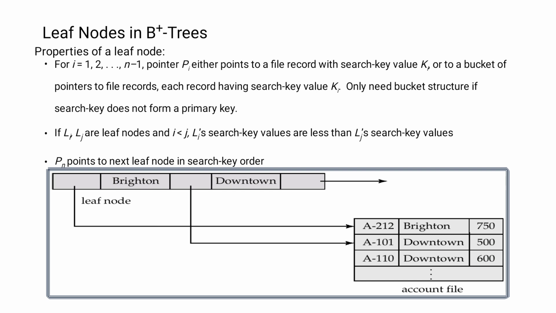And this figure shows one leaf node of a B+Tree for the account file, in which we have chosen n to be 3, and the search key is branch name. The account file is ordered by branch name. The pointers in the leaf node point directly to the file. Each leaf can hold up to n-1 values.